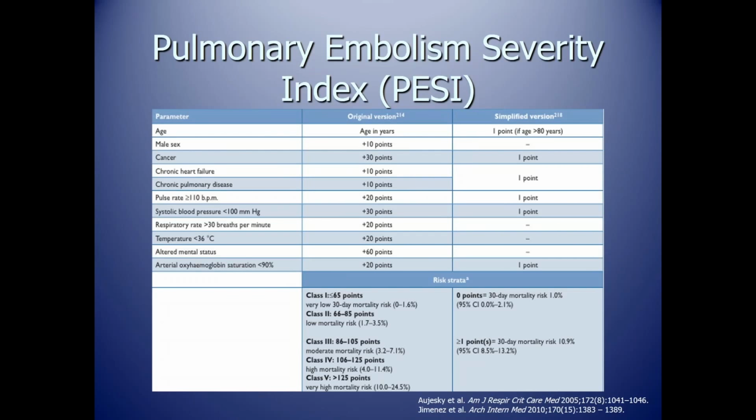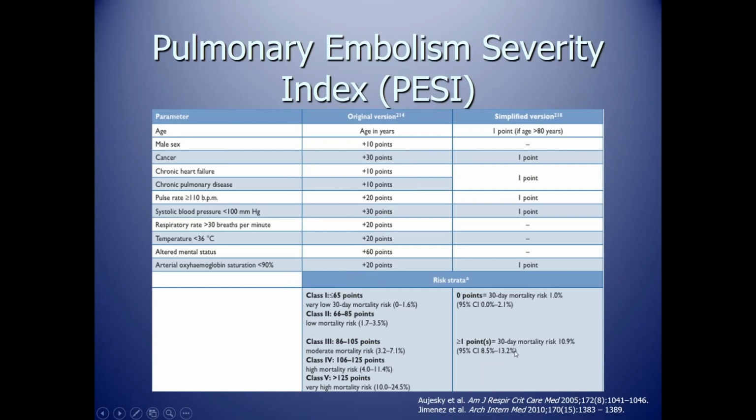So this is the PESI score. On the left, you have the original PESI score, which is a pretty convoluted scoring system. And on the right is the SPESI, or simplified PESI score. You may have a patient who's a submassive PE, but if they have a heart rate over 110 a minute, they get 1 point.